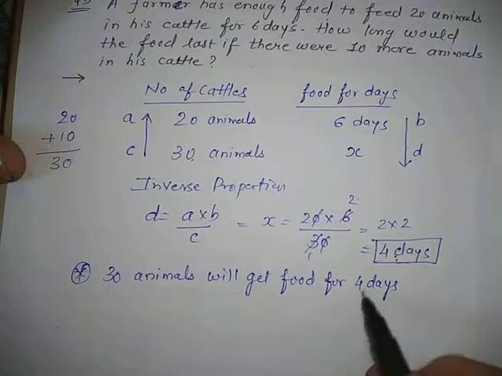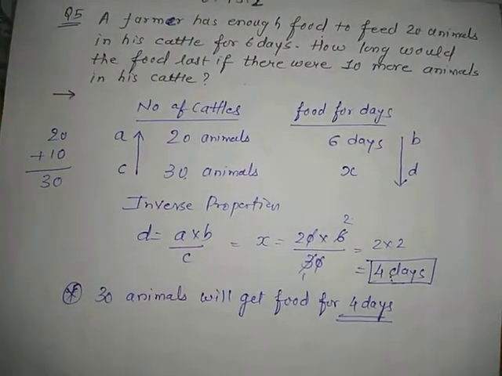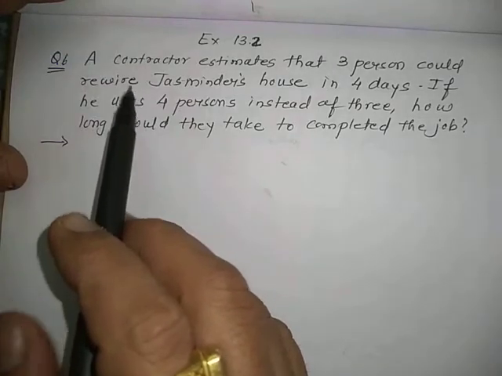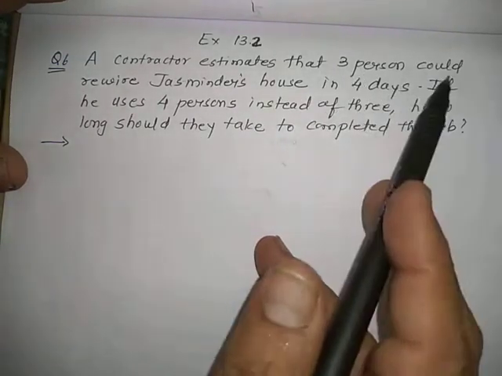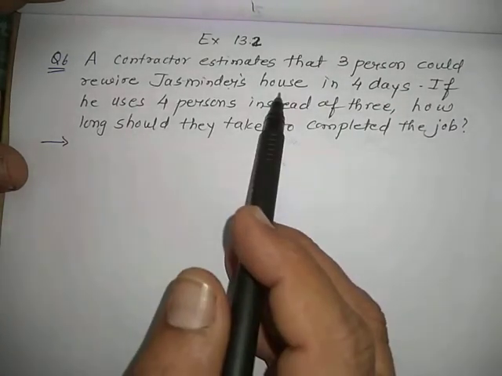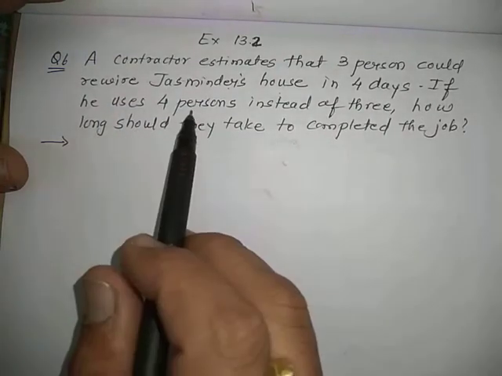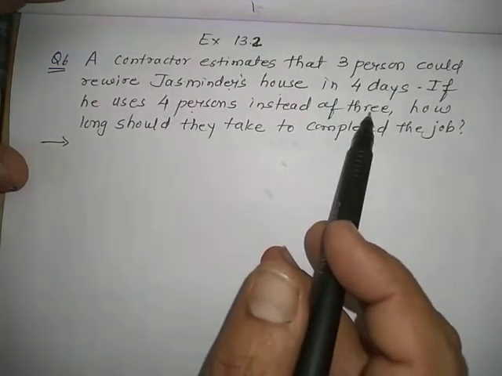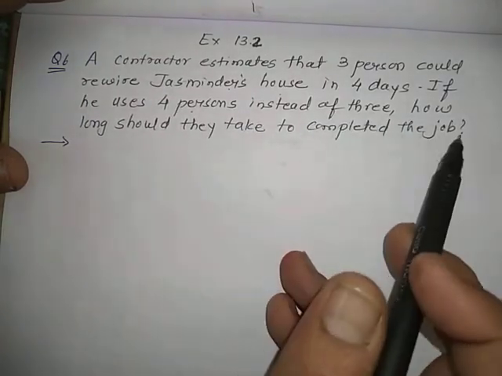Clear, friends? Next question. Question 6. A contractor estimated that 3 persons could rewire Jasminder's house in 4 days. If he uses 4 persons instead of 3, how long would they take to complete the job?